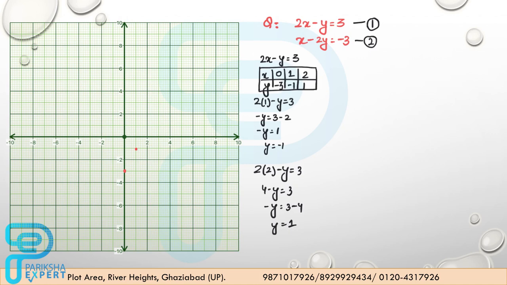And if x is 2, y is 1. Therefore this point. If we join these 3 points, we will get a straight line like this.